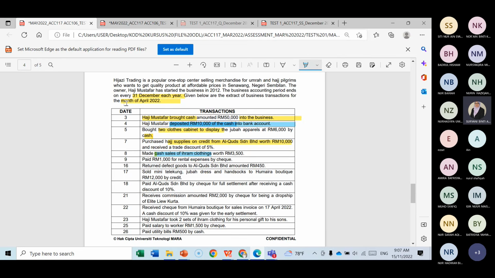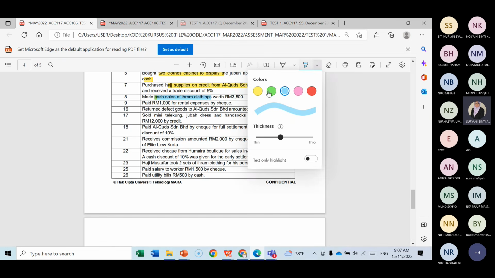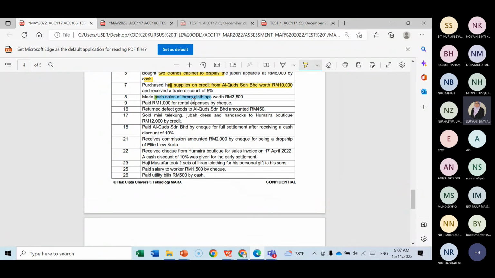Okay, next. On the 9th of April, you pay for rental expense. You pay for rental expenses by check. By check. So what is the effect? Increase in expenses, very good.